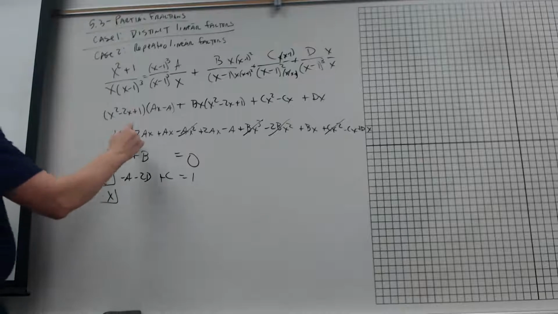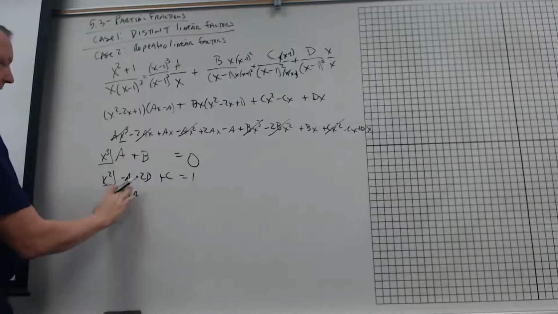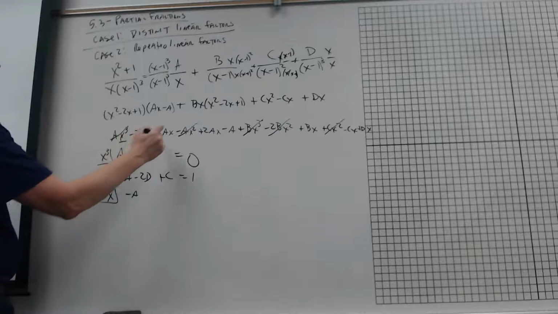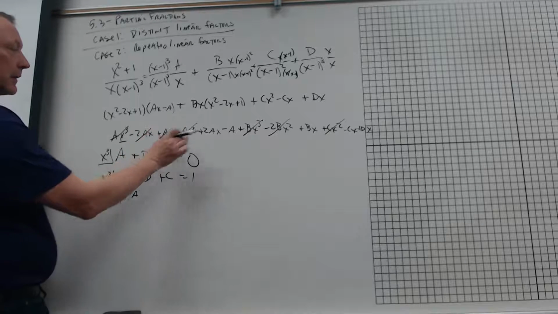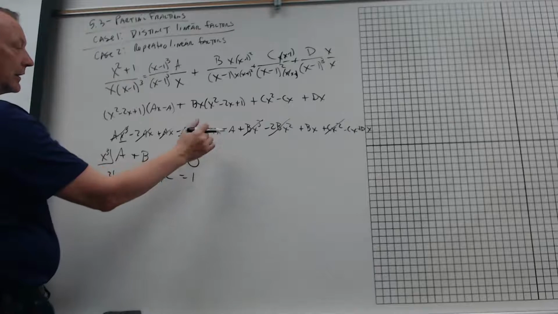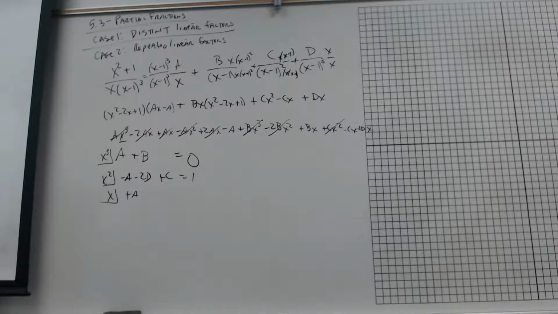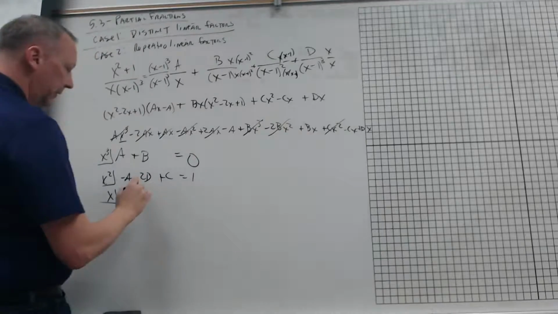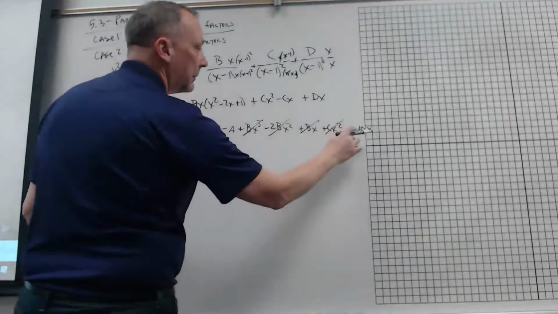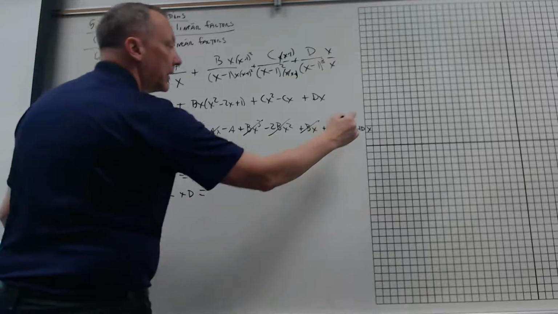Now I need to do my x term. My x term is negative 2a plus a, which is negative a, sorry. No, wait, is that right? Yeah, that's right. So negative a plus 2a is positive a. Then the x term here: plus b minus c, minus c plus d, equals minus c plus d.